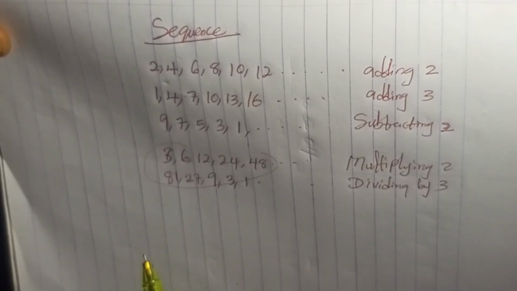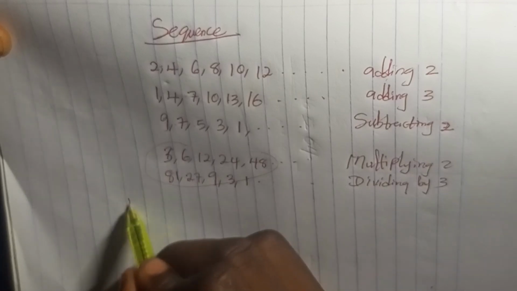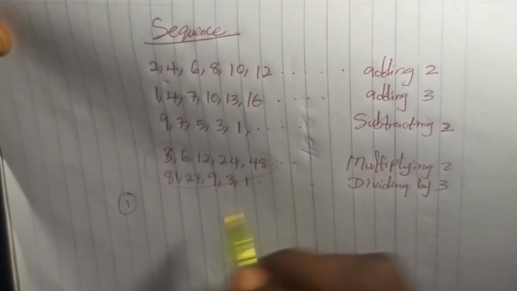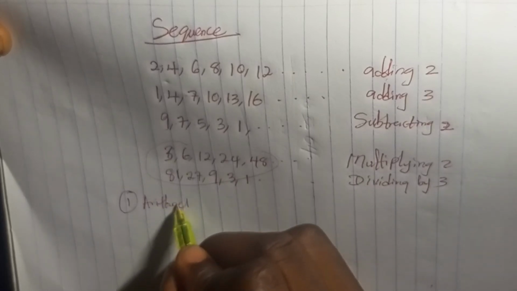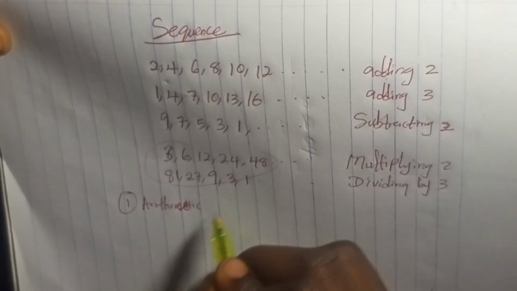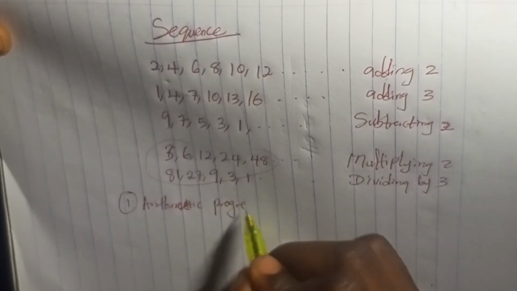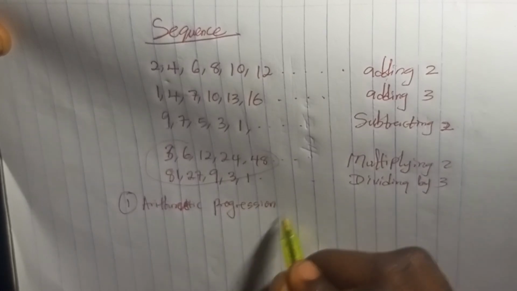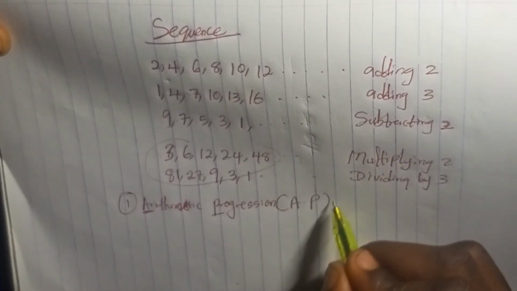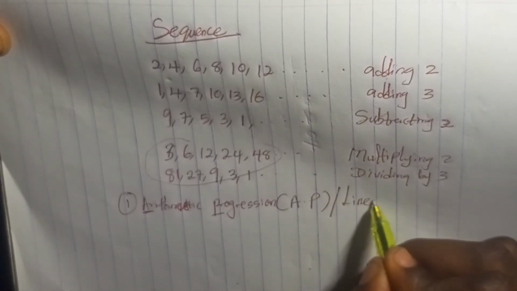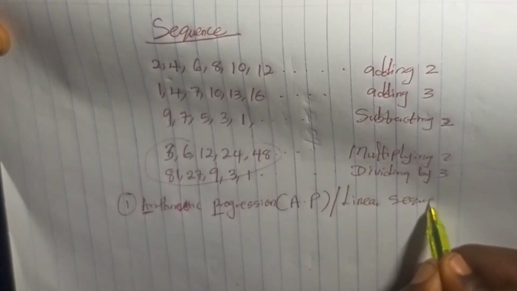So we have two main types of sequence. Number one, we call it the arithmetic progression, which is widely known as AP. This AP, we also call the linear sequence.